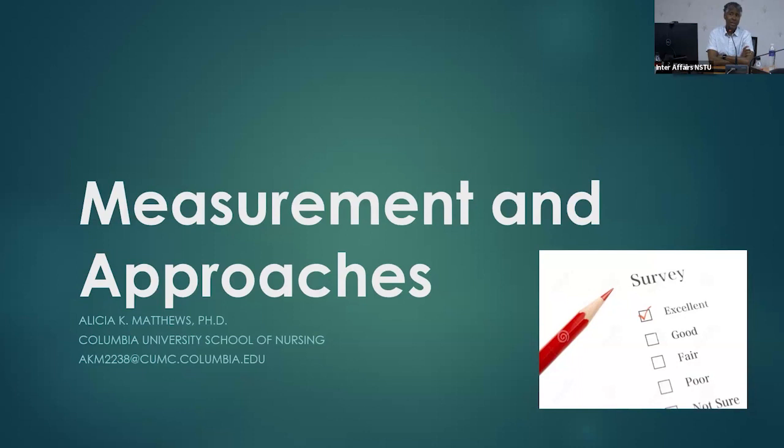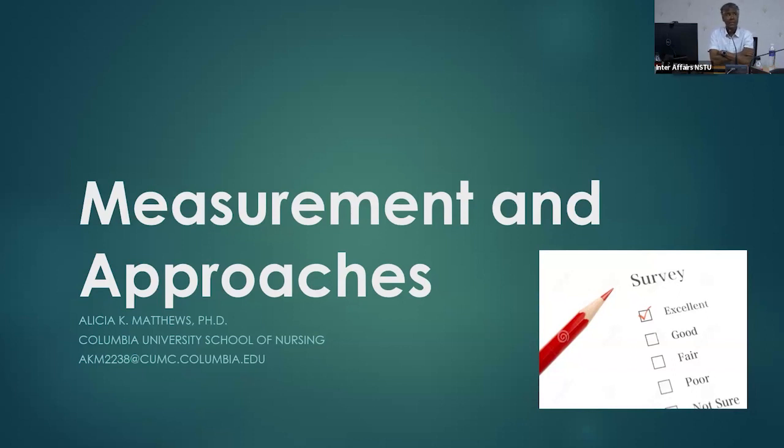Typically, the answer to that is no. If it relates to a key outcome measure or a key predictor measure, either your key independent or dependent variable, it is not adequate or appropriate to develop your own measure and use it, unless, of course, you go through the rigorous process of developing your instrument and doing instrument development, evaluation, and testing.